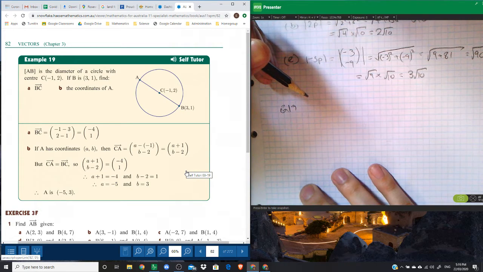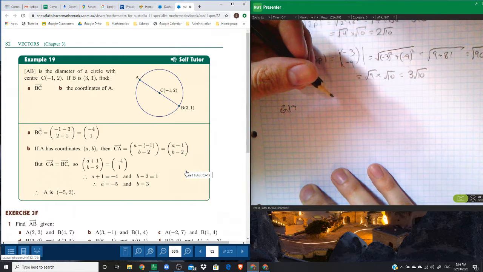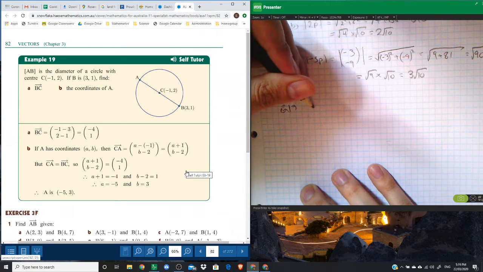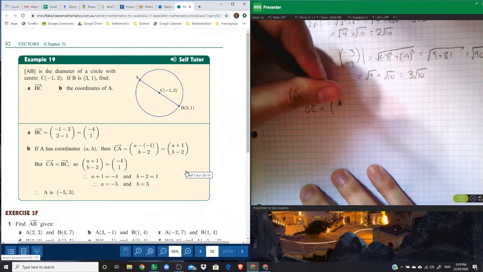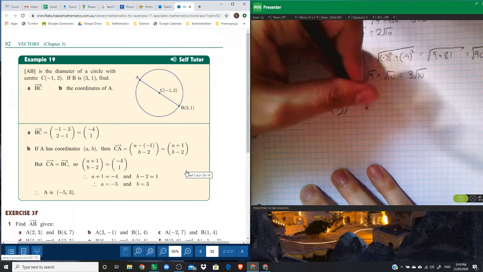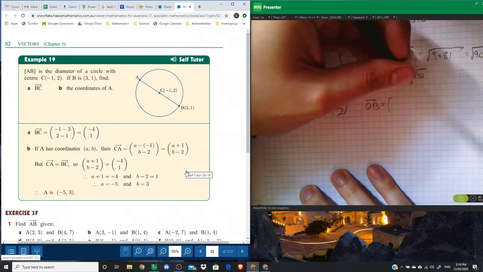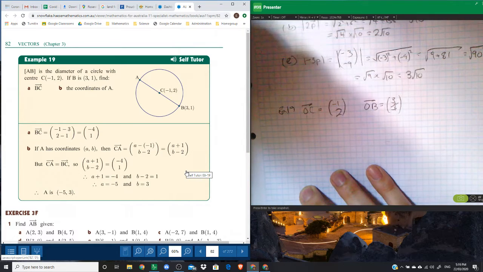So we've got points for C and B. We say OC can be expressed as minus 1, 2. And OB is 3, 1. Keep writing that line there. I'm not used to this format.